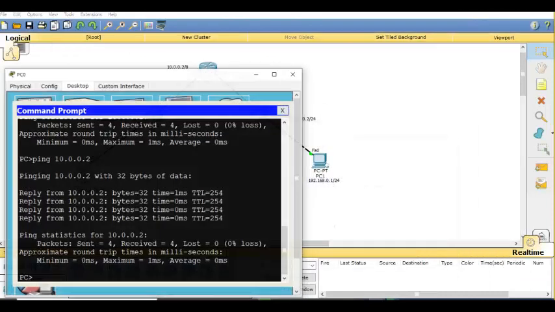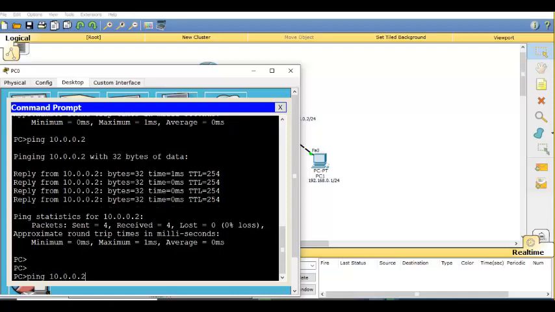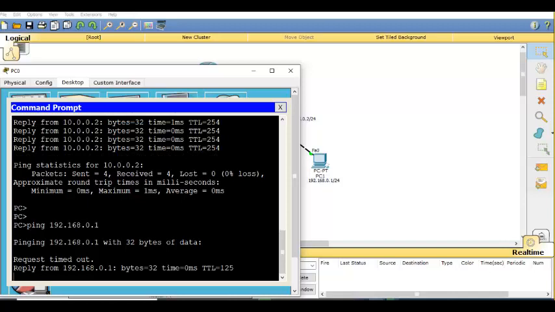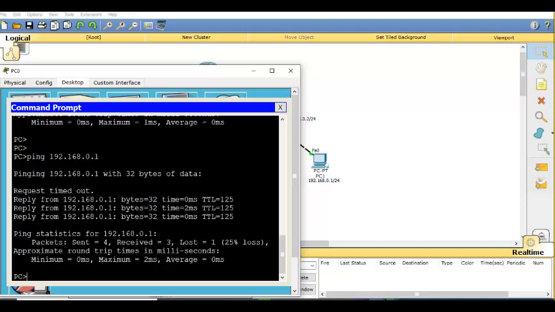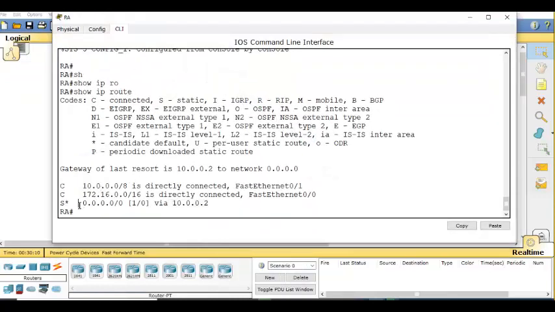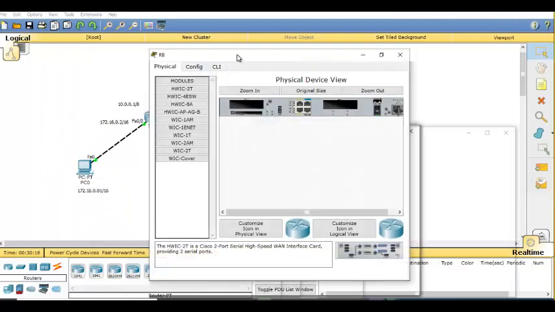Now, if you ping from here, the ping will happen. 192.168.0.1. It is going to happen even though you don't have precise routes, because you got a default route. You see, the ping is going. So this PC will send the packet to this router. This router says I will send it to router 2. In router 2, you should use only precise routes.